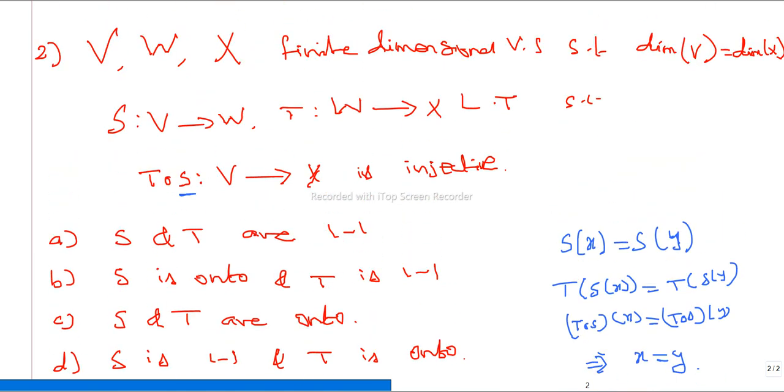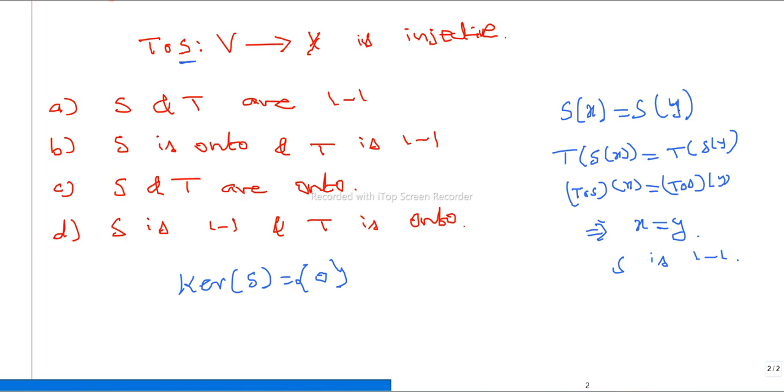Since S is a linear transformation from V to W, by applying the rank nullity theorem, dimension of V should be rank plus nullity. Nullity is 0 here, so it should be the rank of S, which is nothing but the dimension of the range space of S, the dimension of the image of S.